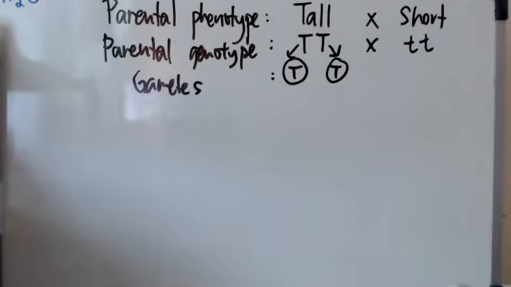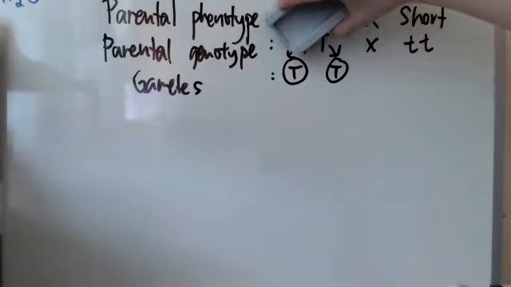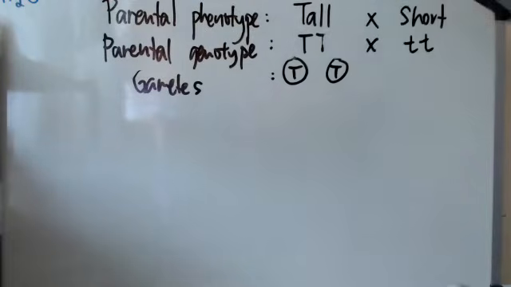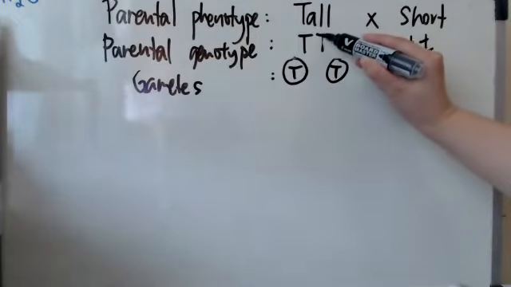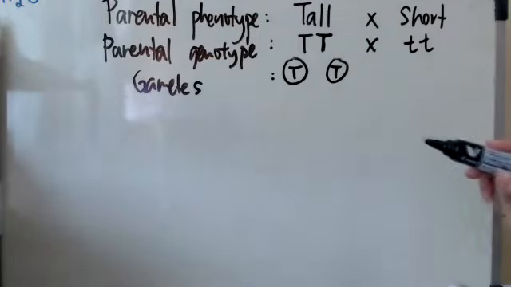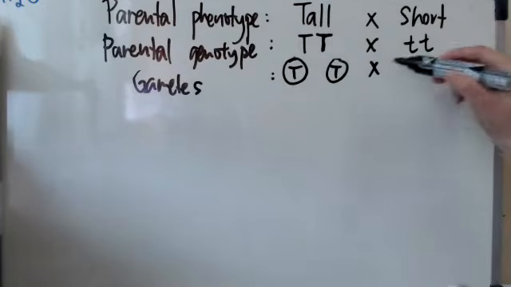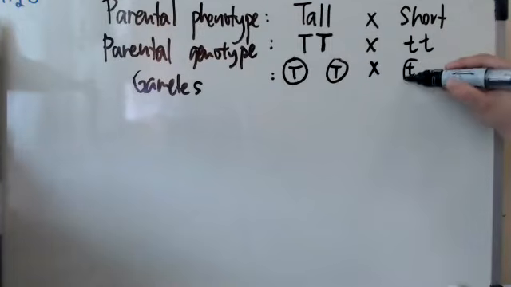Okay, so in your genetic diagram, you don't really need to write the arrow. So I'll remove the arrow. The arrow is just to help you understand how the gametes are formed. So in this case, it will cross with another gamete.